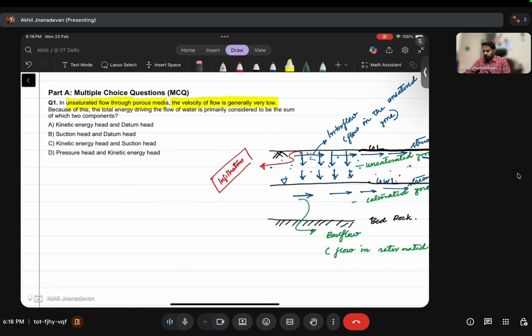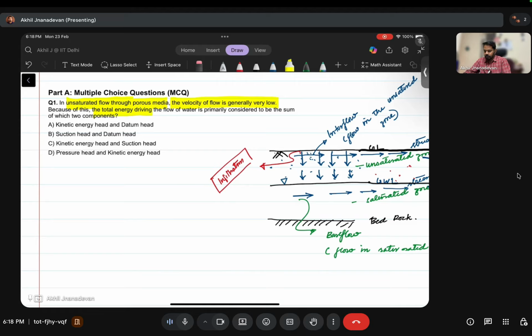When it comes to the total energy, from basic physics and the concepts of fluid mechanics, the one thing that comes to our mind is Bernoulli's theorem, right?